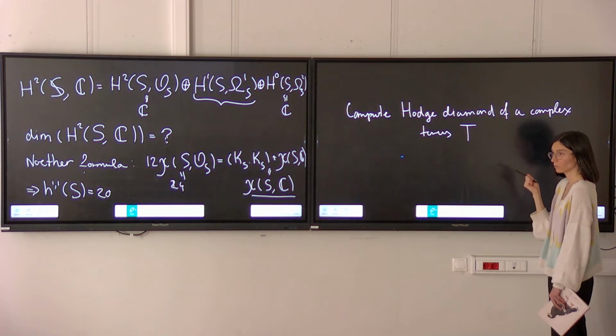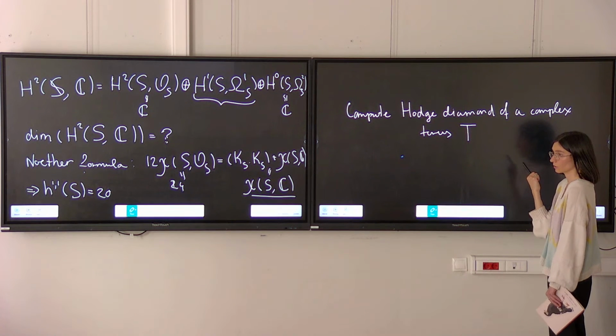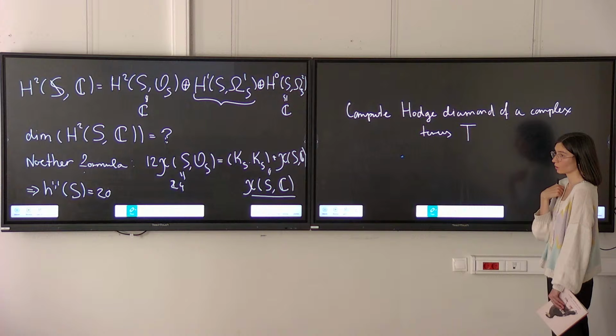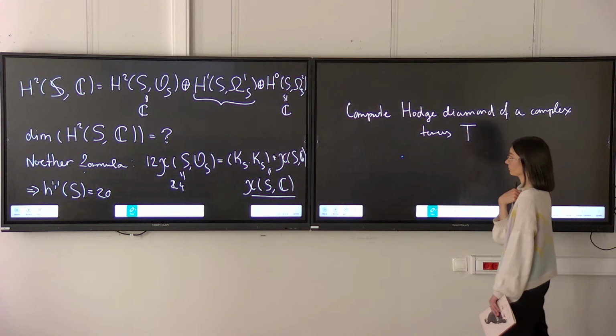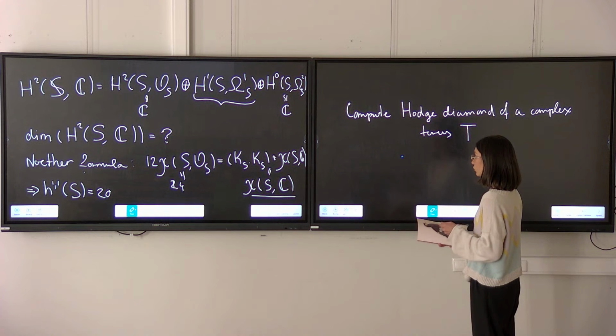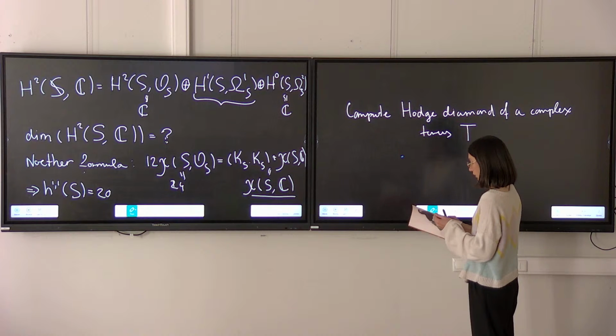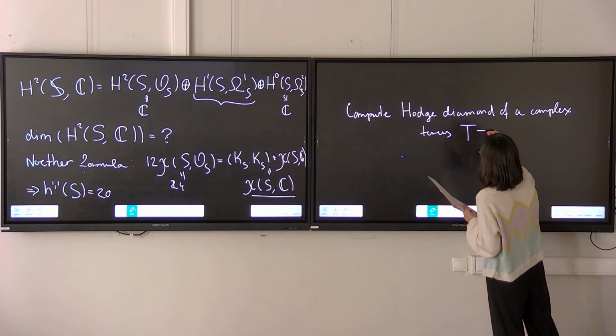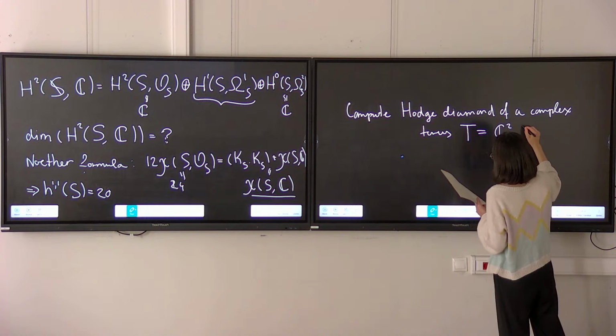We know that all complex tori, not just abelian varieties, are Kähler, so we can use the Hodge decomposition, and also we have the Noether formula, and so we can compute it exactly in the same manner.